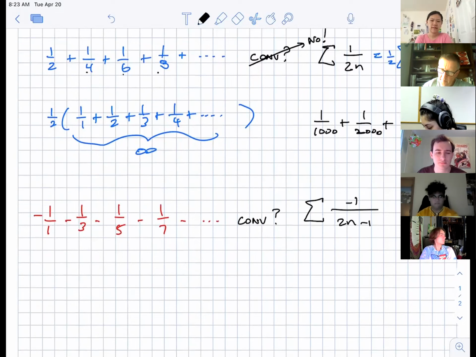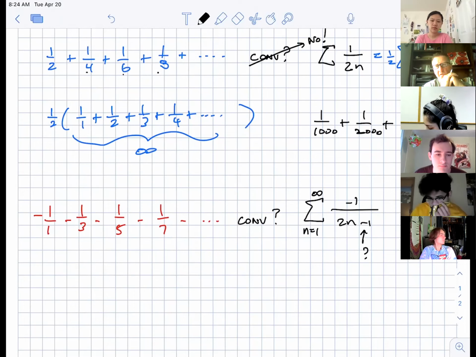Again, I'm being lazy here by not saying n equals 1 to infinity like I should. Well, think about your laws. What difference does that 1 make right there?